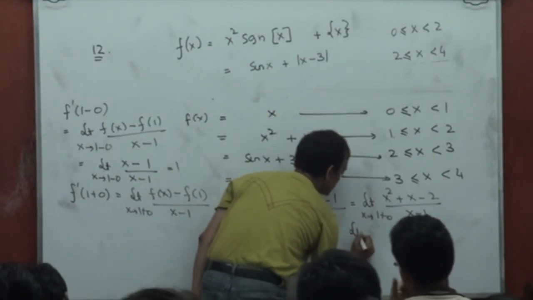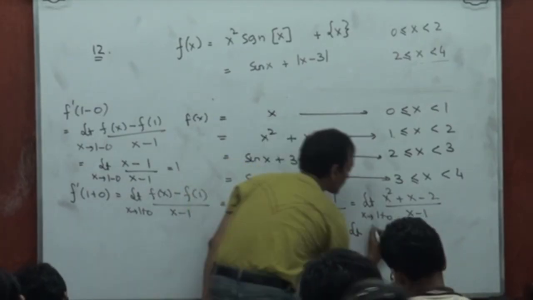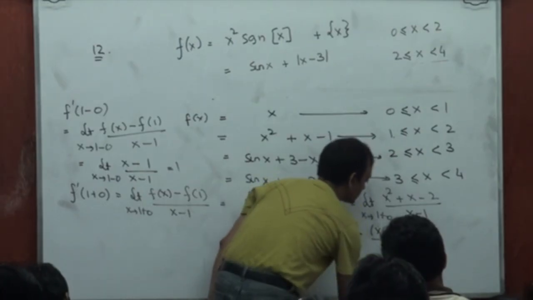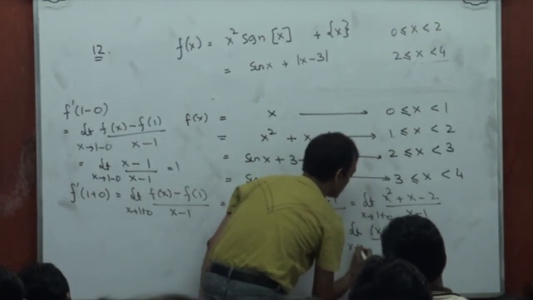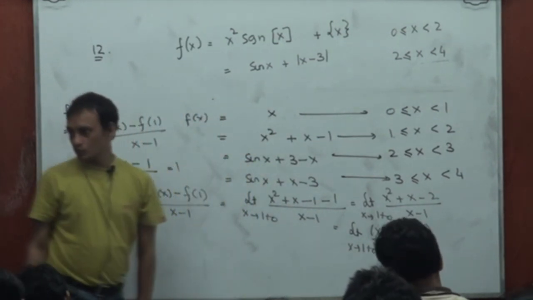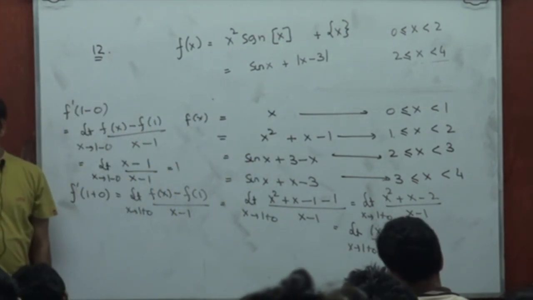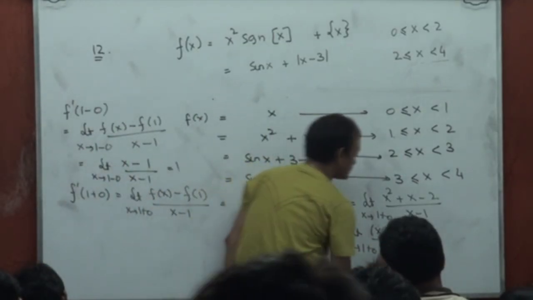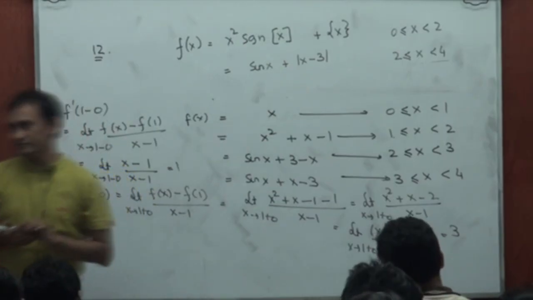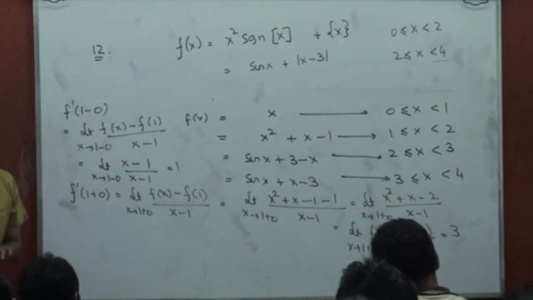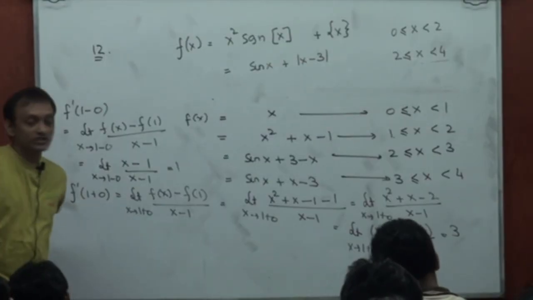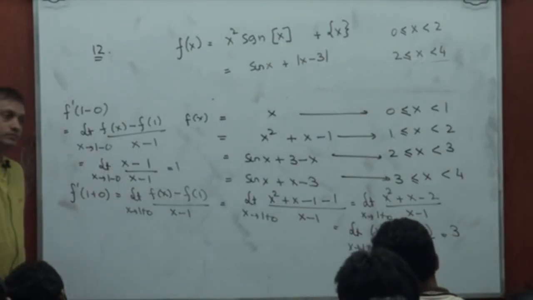This I can write as limit x minus 1 into x plus 2, the numerator could be factored by x minus 1, as x tends to 1 from the greater than 1 side. Yes or no? Which evidently is 3. So the left hand derivative is not equal to the right hand derivative at x equal to 1. So the function is not differentiable at x equal to 1. Clear?